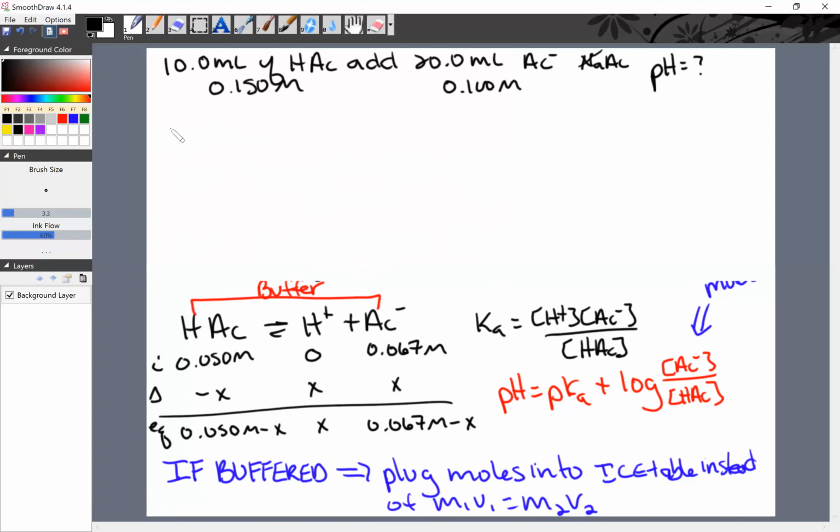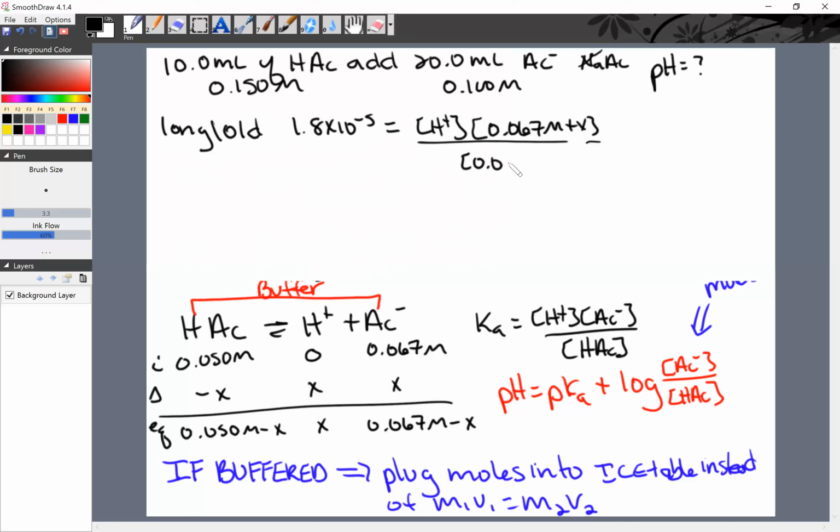All right, so the long way, or I should say the old way, is 1.8 times 10 to the minus fifth is equal to the proton concentration times 0.067 plus x all over 0.050 molar minus x.